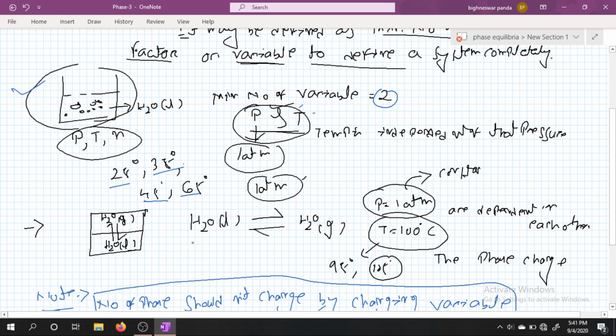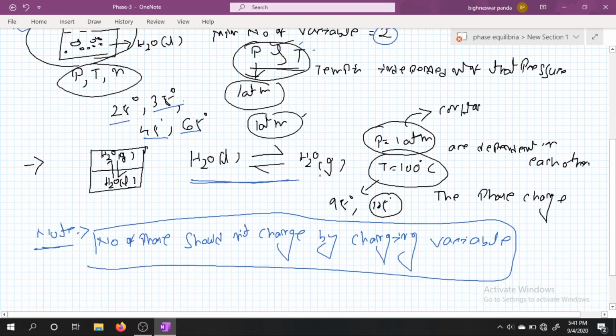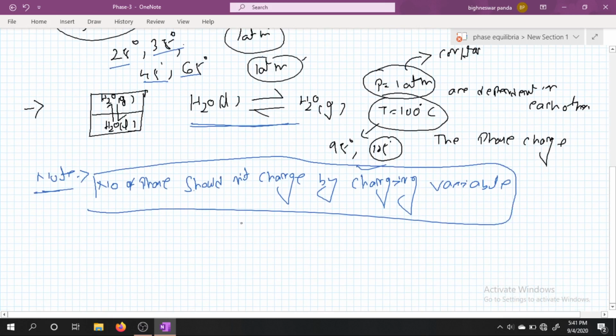But in this condition, since equilibrium is attained, if I put pressure 1 atm constant and change temperature, the phases change. We will find either complete gas or complete liquid. That means the phase changes, so the number of phases should not change by changing variable. It is important. So here temperature and pressure are dependent on each other.